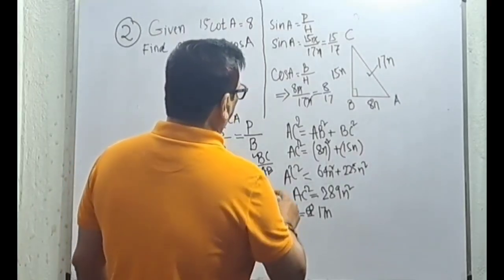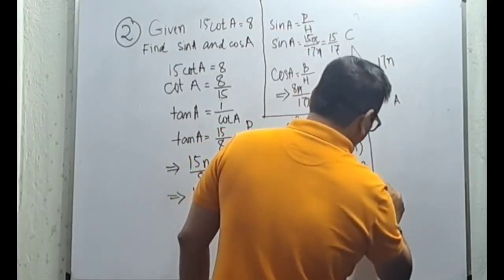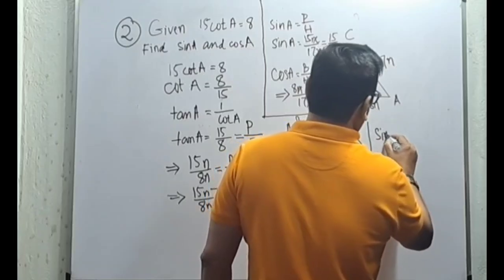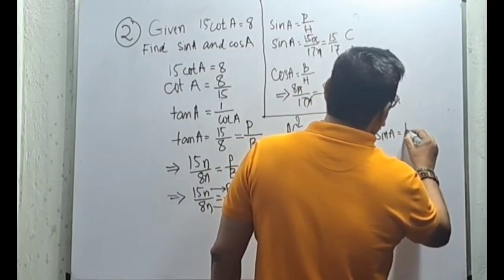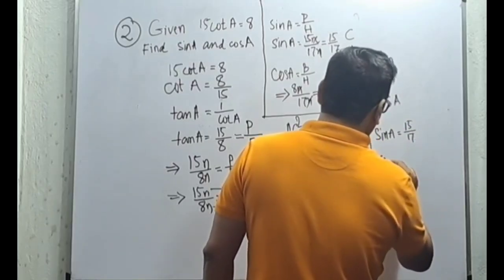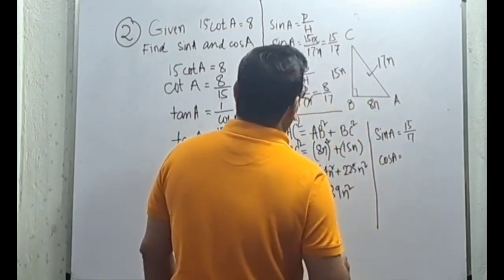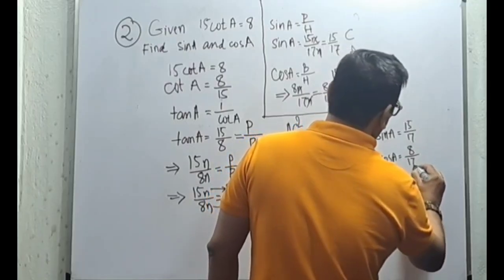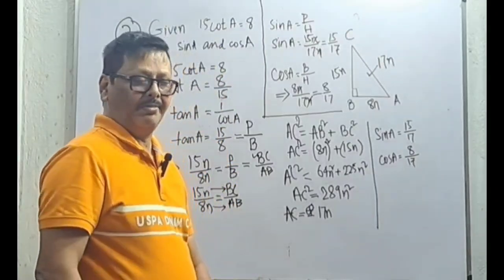Correct? So here we write down the answer separately. We get sine A is equal to 15 by 17 and cos A is equal to 8 by 17. Right? Is that understood? Clear?